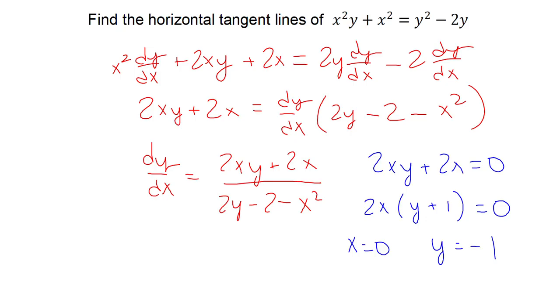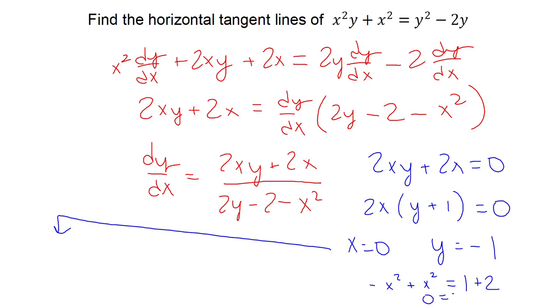So first thing we'll do is plug y equals -1 back into our original equation. We'll deal with the x equals 0 in a second. With y equals -1, when we plug this into our original equation, we end up with -x squared plus x squared is equal to 1, right? -1 squared is 1, plus 2.